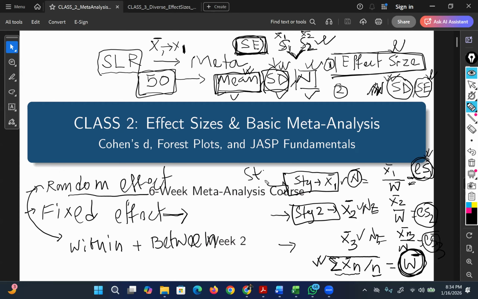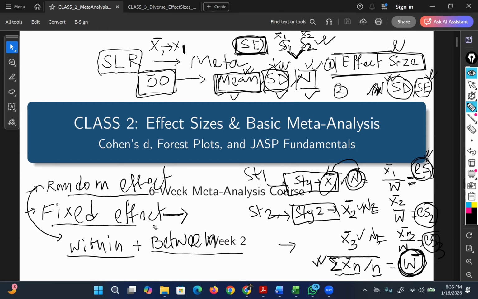It measures the homogeneity or heterogeneity between the studies and within the studies, because within a study, the results come from different sample sizes. The sample size can affect the average value, so that is also captured by the random effect model.